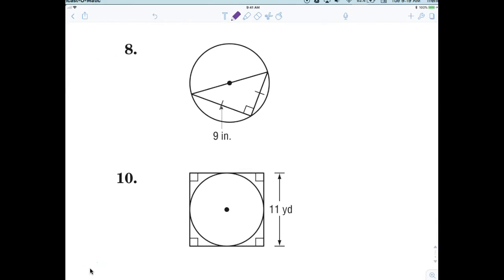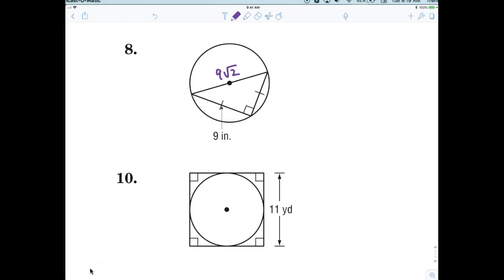Now, number 8. Number 8 is easy. It's a 45, 45, 90, so the other leg is 9. So what's the diameter? 9 radical 2. Remember, you even said it's a 45, 45, 90.